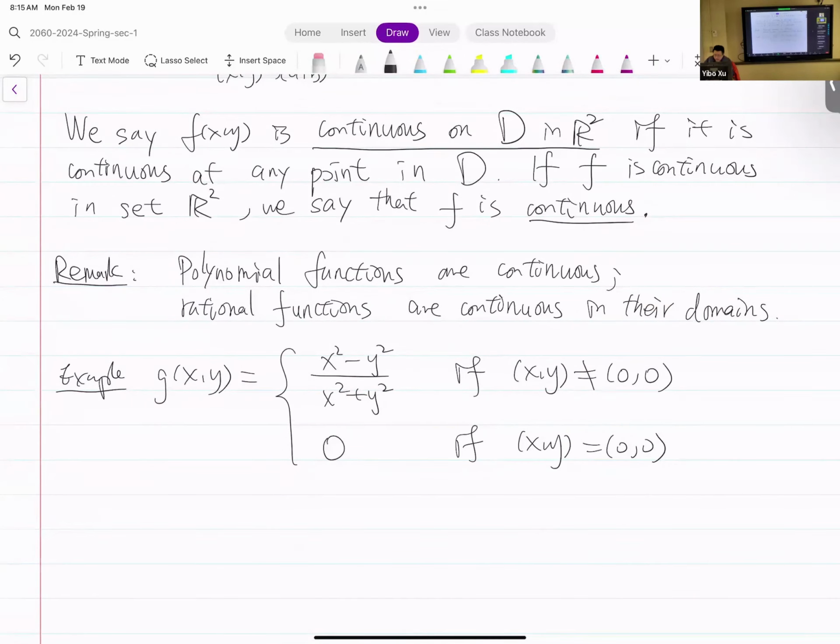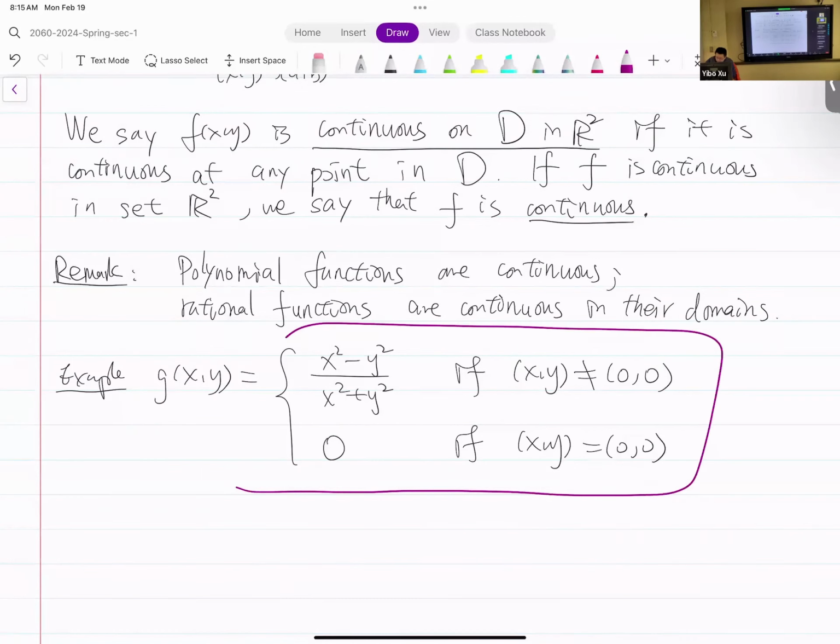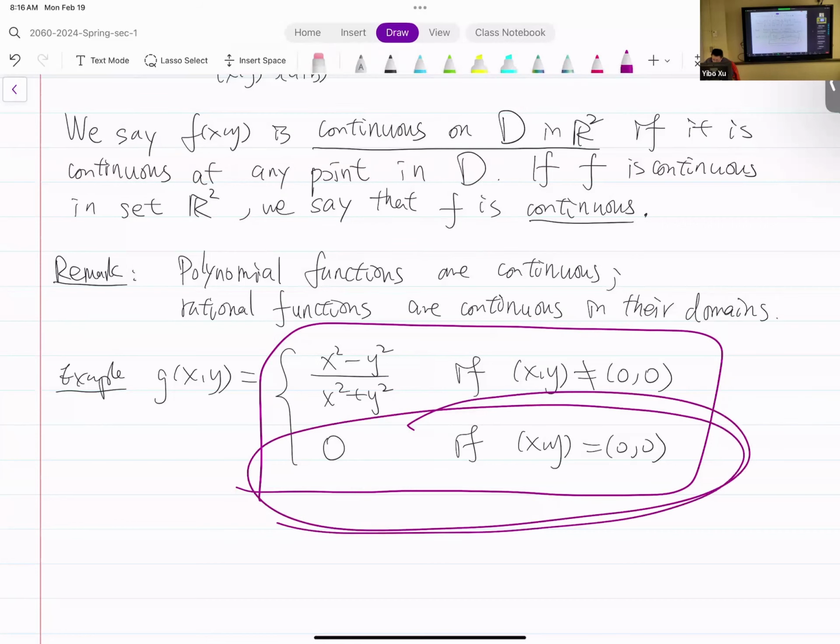So this piecewise defined function is a little bit different from the original fraction, in the sense that the original fraction will not have the origin as a legal input. But now for this g, you see, at the origin we do have output that's 0.